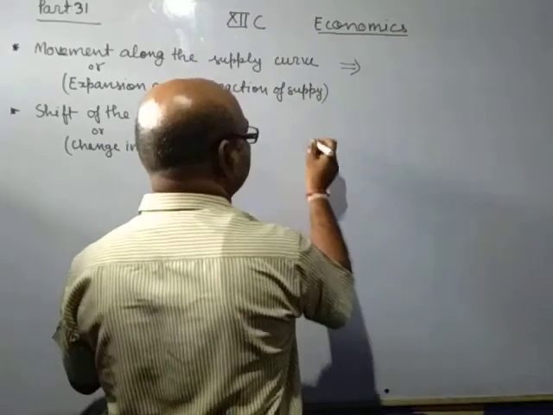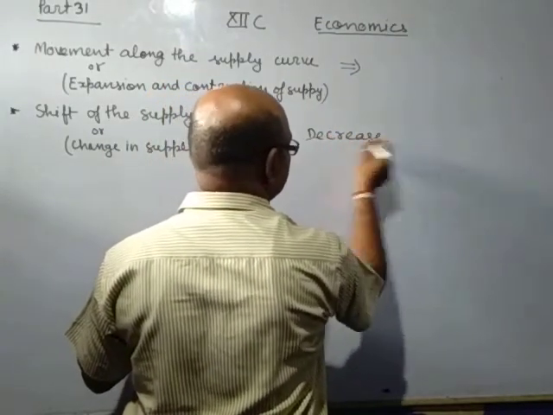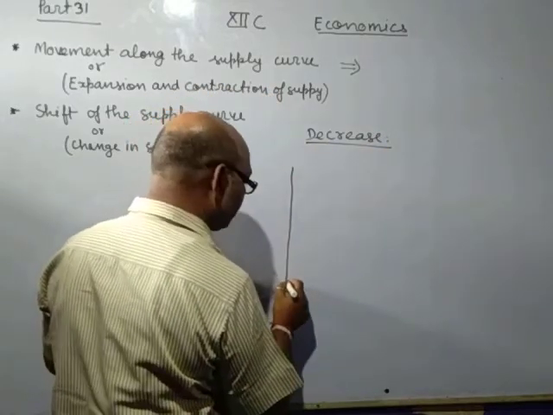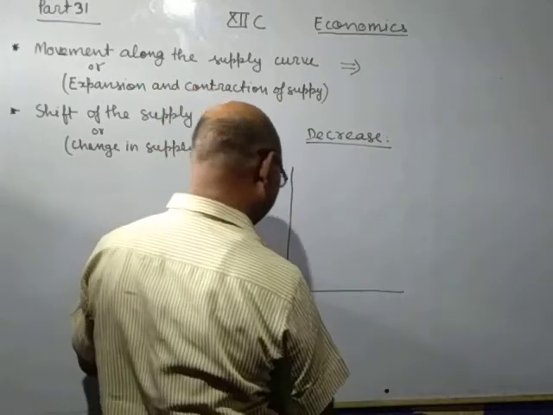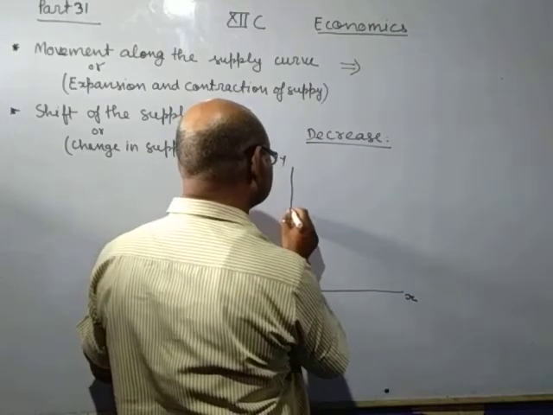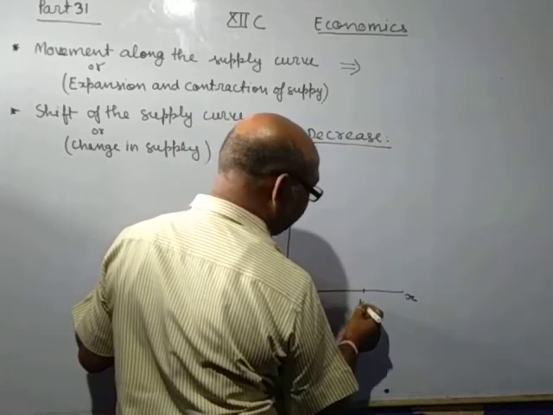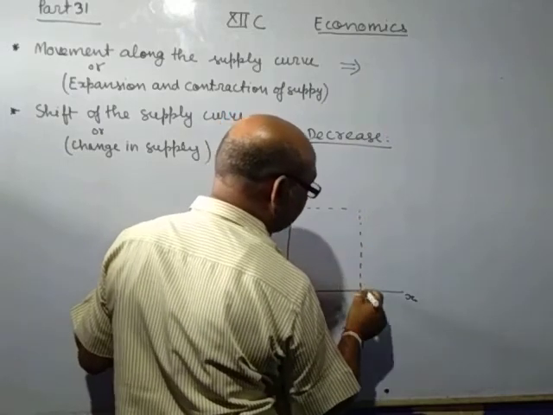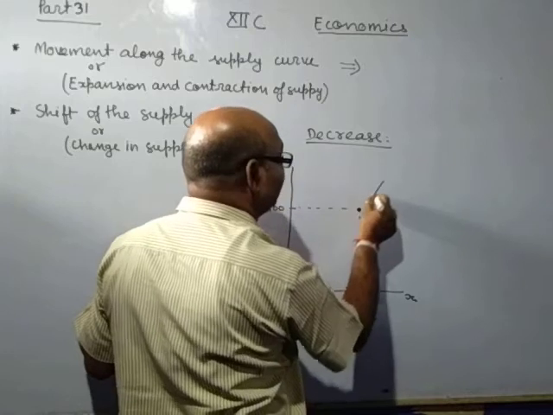Now the decrease case. This is the price 100 and quantity supplied is also 100. So here is this supply.